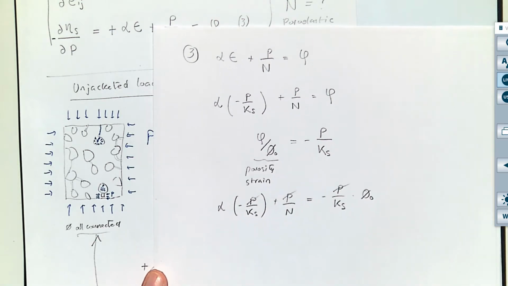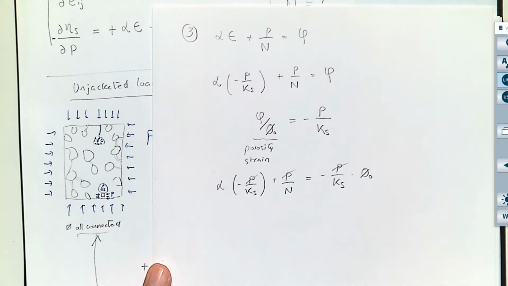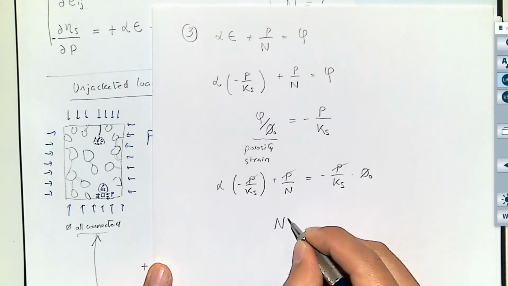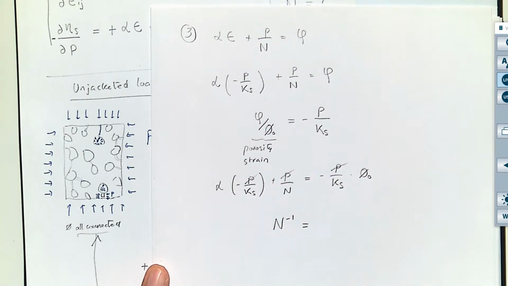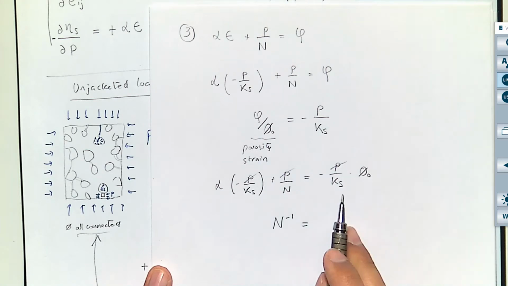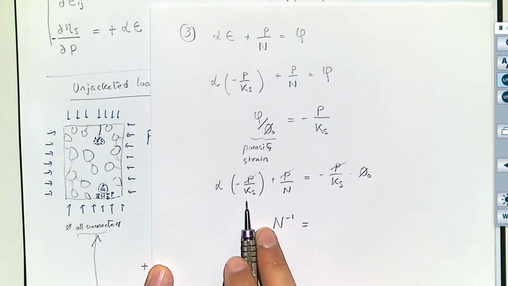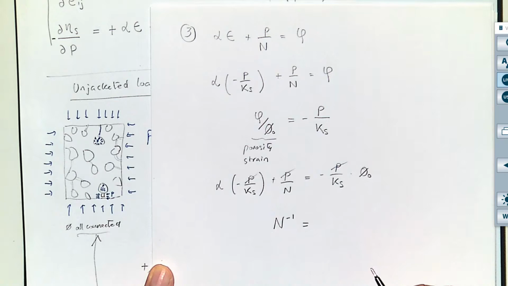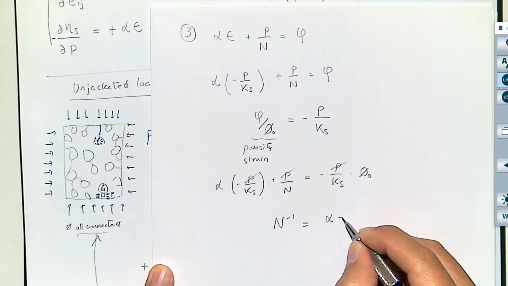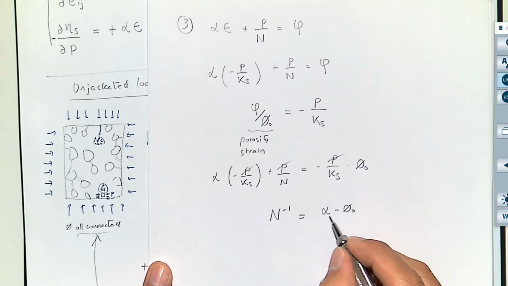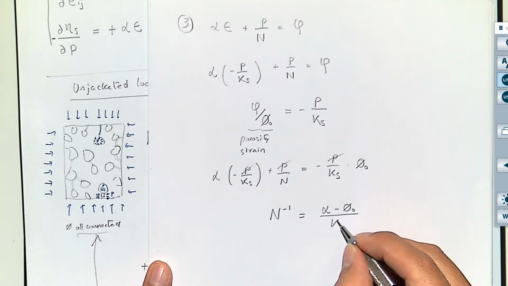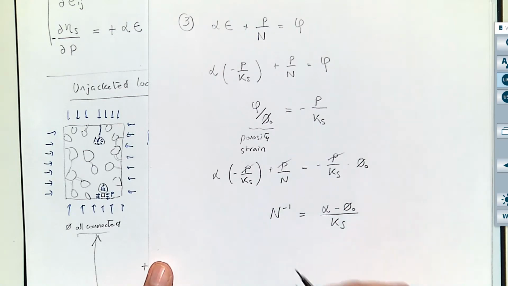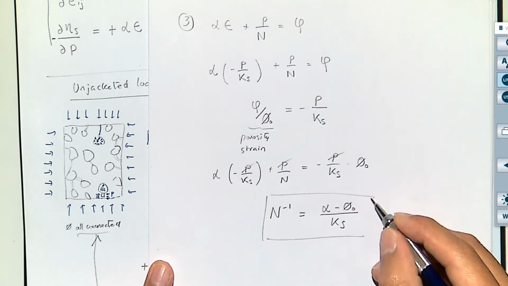And now I can just solve for n, and the inverse of n is going to be equal to, notice that Ks is in the denominator of both of these, so it's going to be, this is going to be negative, so alpha minus porosity divided by Ks, and that's the value of n.